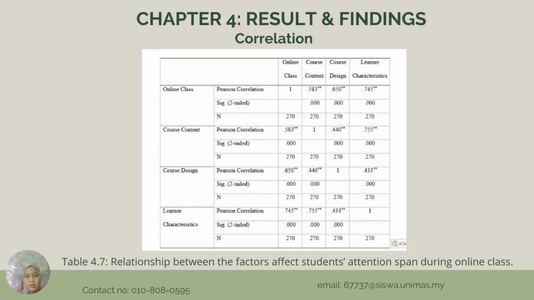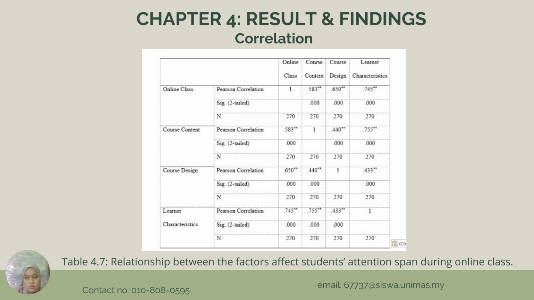Next, correlation. Correlation analysis determines the relationship between variables. In this study, it involved the relationship between the factors affecting UNIMAS student attention span during online class. According to Table 4.7, correlation analysis is conducted on the relationship between the factors affecting student attention span during online class.